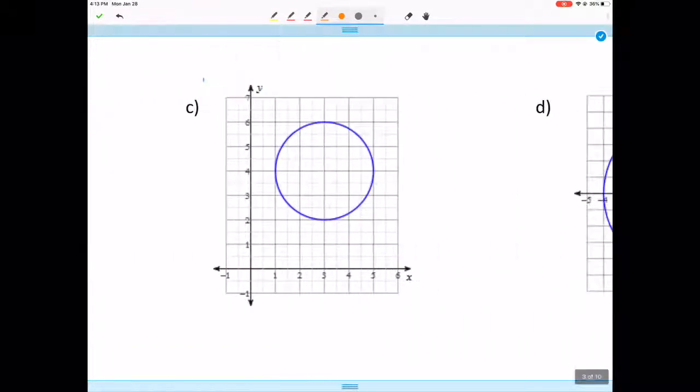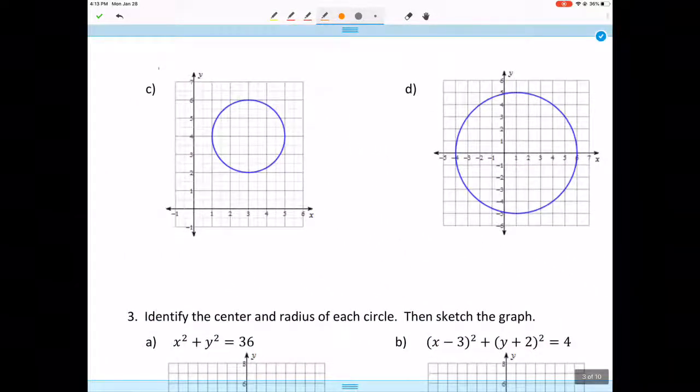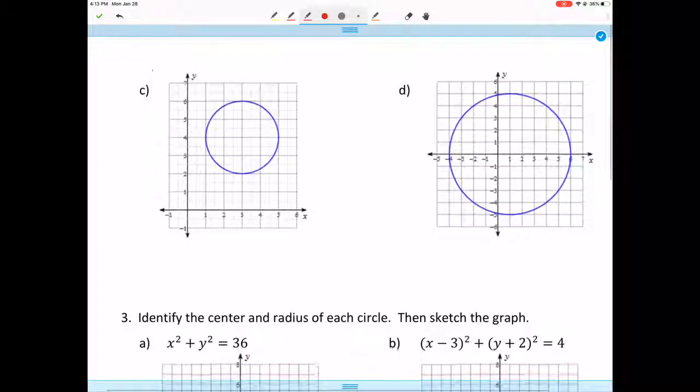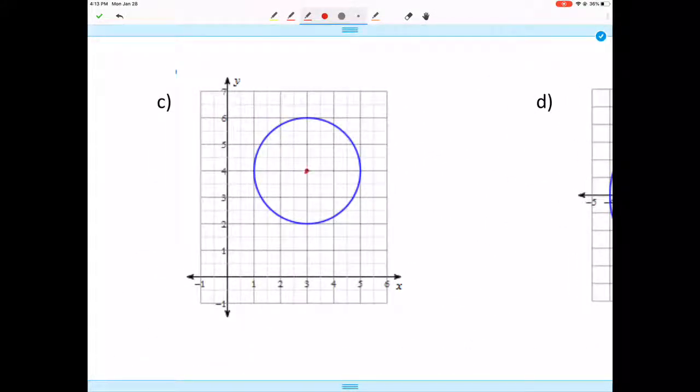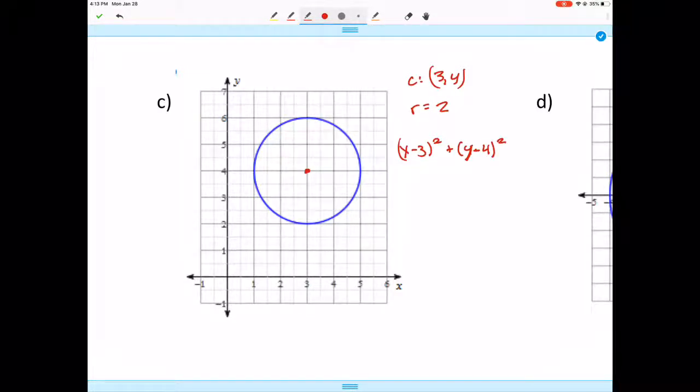All right, so I'm going to do these ones really quick. If you want, pause and see if you can do them by yourself. Otherwise you can just keep watching. All right, our center is 3, 4. Our radius is 2. Plug this in, we get x minus 3 squared plus y minus 4 squared equals 2 squared, which is 4.